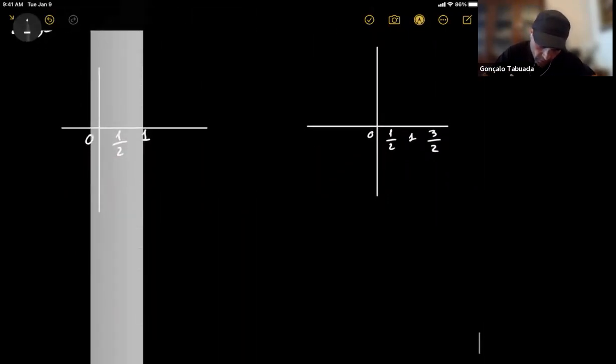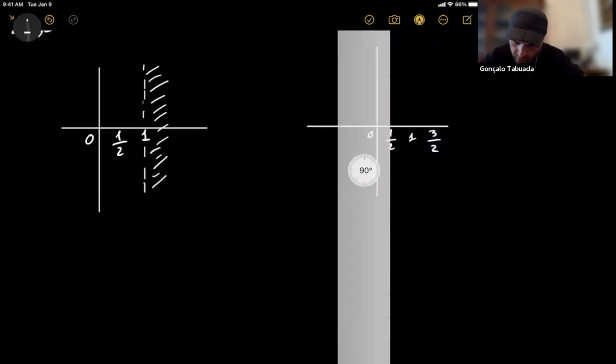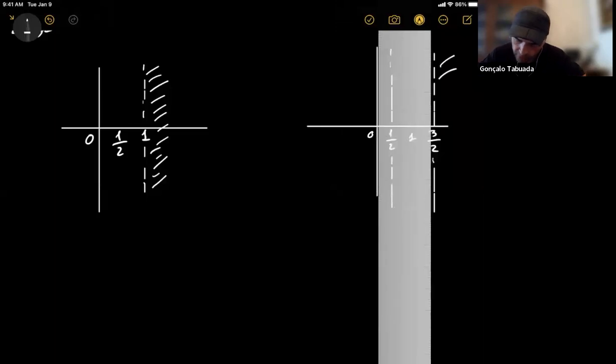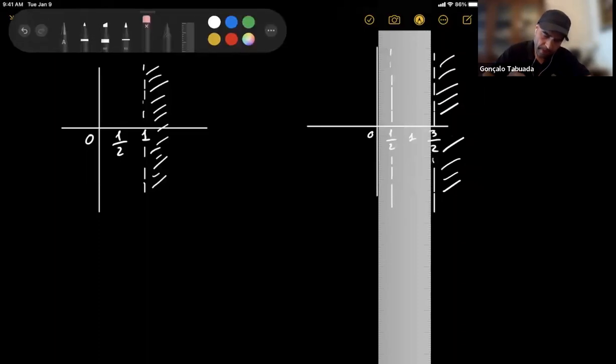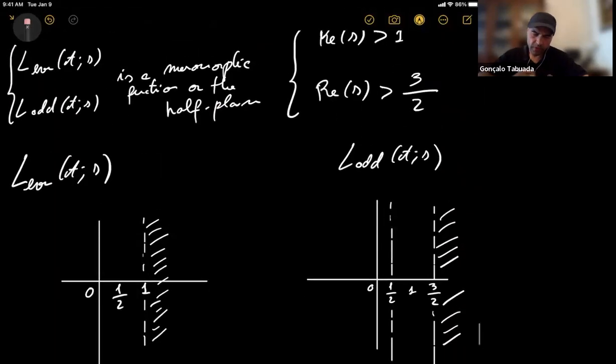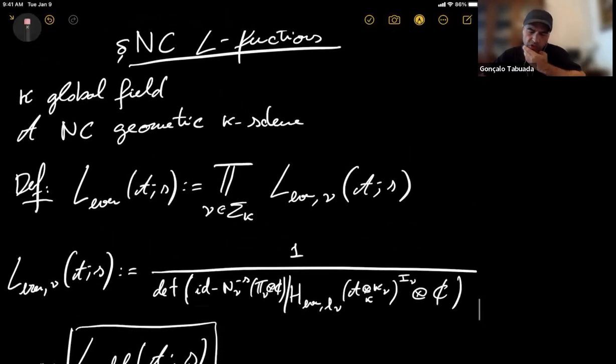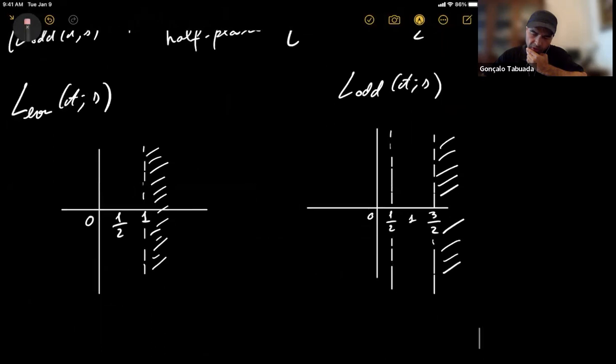So this is well defined in this region, and here it's well defined in this region. So this is the picture. So what we have about these functions defined for any non-commutative geometric scheme is that they're well defined in these regions.